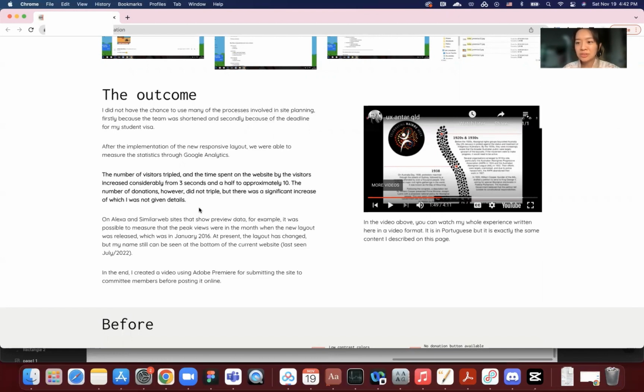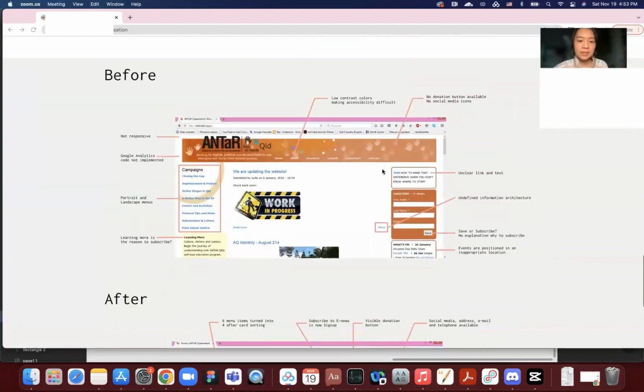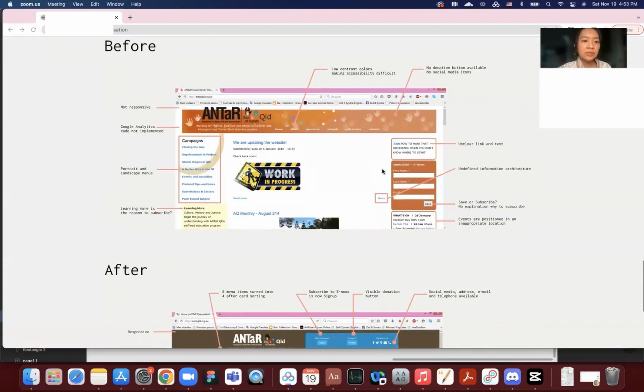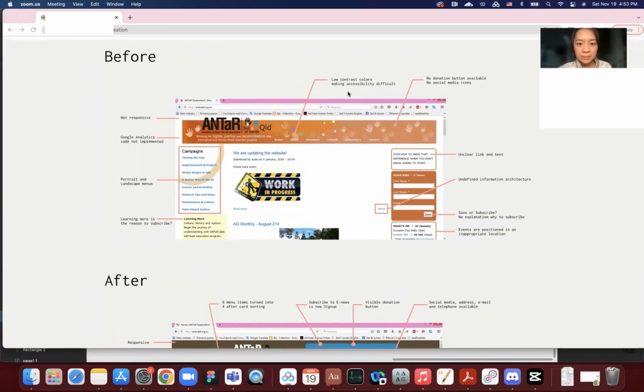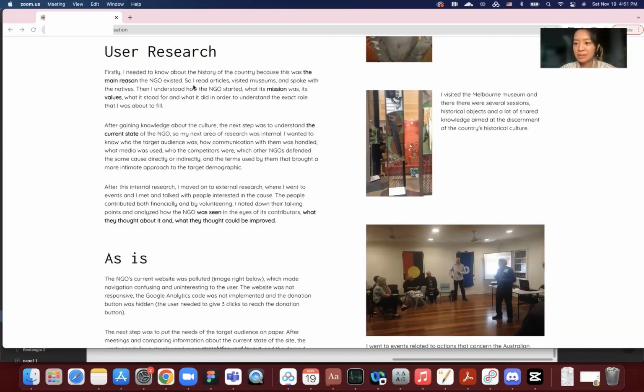Yeah. So just talk about the outcome that you know. Yeah. Perfect. Yeah, so I think it's great that you show the before and after side by side. And my feedback is, I think right now I'm not exactly sure of the rationale for why you made changes to certain things. Brilliant. I hope the feedback is helpful for you.